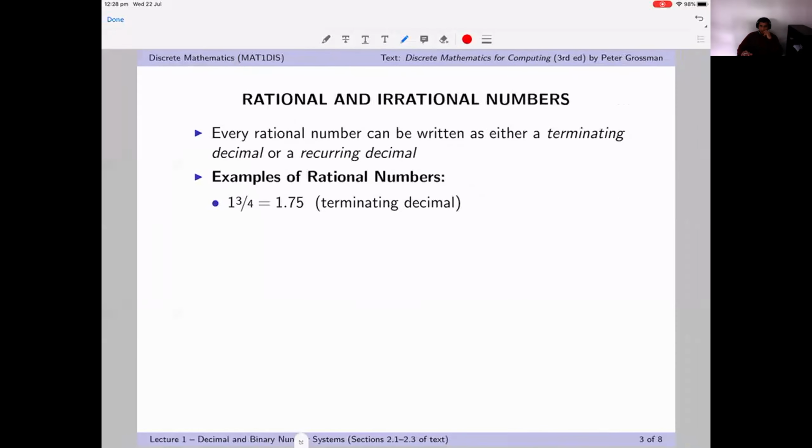Examples would include 1.75, a terminating decimal, which means the decimal has stopped here. And then 2/3, for example, 0.66666, is a recurring decimal. That means a digit or a block of digits repeats itself periodically. If certain digits repeat themselves periodically, then the number is rational.